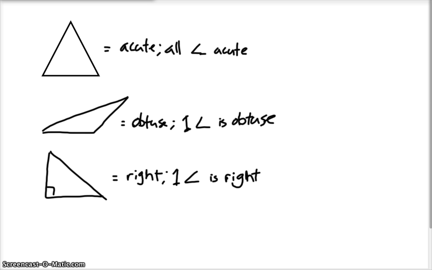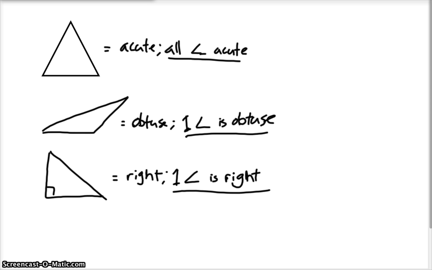If we were to measure all these different angles, they're all less than 90 degrees. Obtuse, one angle is greater than 90 degrees. If there is one angle that's greater than 90, it is an obtuse triangle. And lastly, a right triangle: if one angle is right, then the whole thing would be a right triangle. So that's what I tried to write right here.